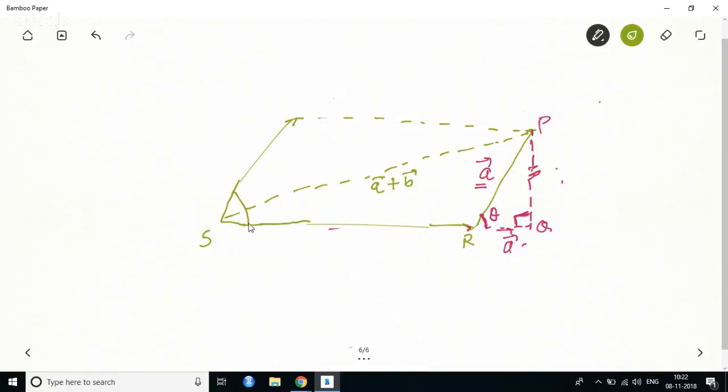This complete angle was theta. Now, what would be this angle? So, suppose this angle is theta 1. This angle theta 1, I'm writing here so that you can understand it.